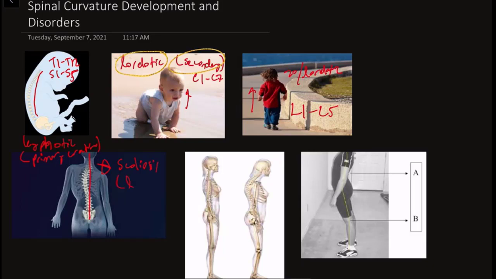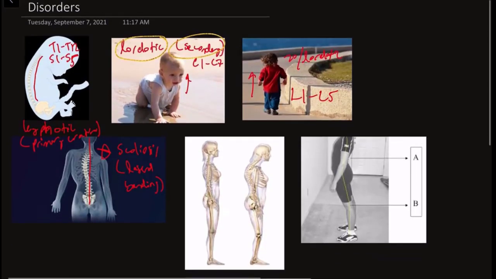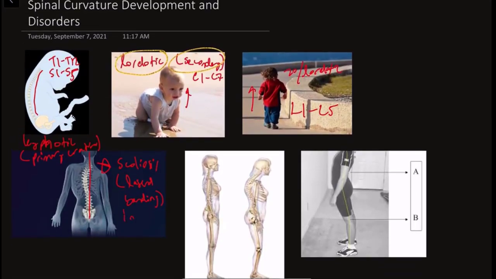I'll just write that out: any lateral bending in the frontal plane.